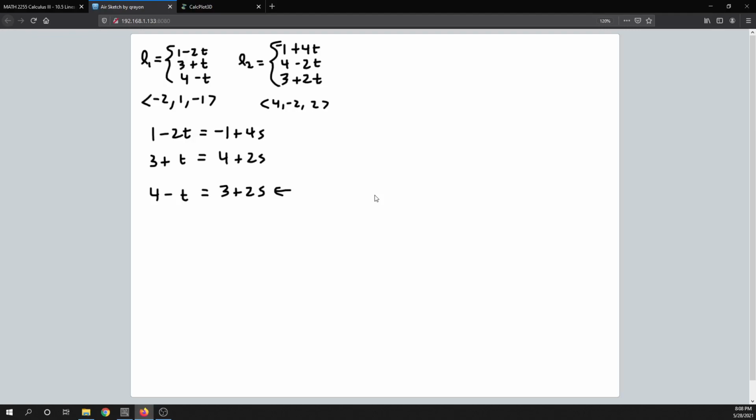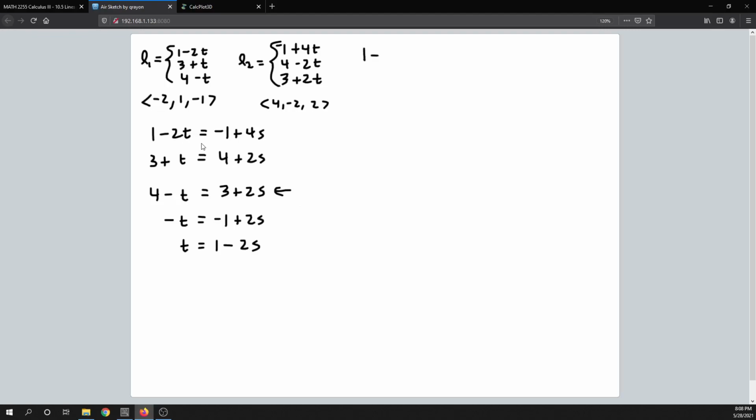So I would subtract 4 from both sides. 3 minus 4 is -1. And then multiply through by a negative, and I get 1 minus 2s. Okay. And I'm going to take that and put it into one of these other variables over here. So I'm going to take t and plug it in over in this first equation.